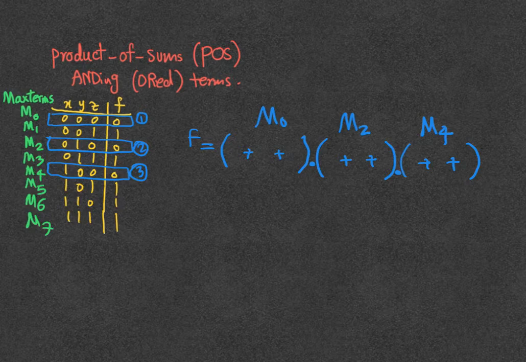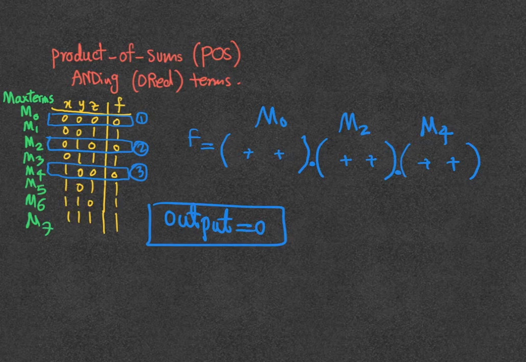Now you put the inputs X, Y, and Z. Since we are writing F for when the output is 0, then if the input is 0, we don't complement. For the first term, X is 0, we don't complement, so you put X. Y is 0, you don't complement, and Z, you don't complement.